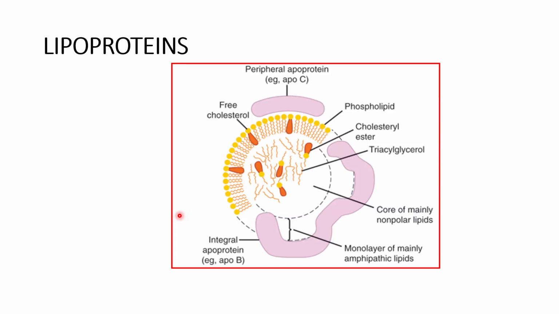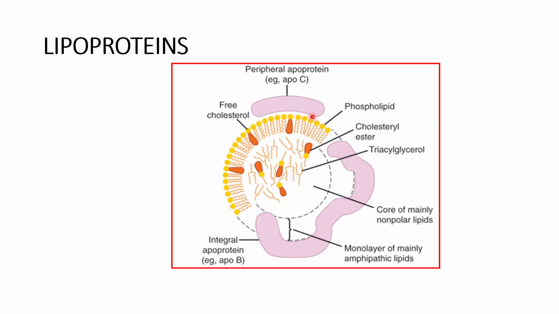If you see the structure of this lipoprotein, you will observe that the non-polar lipid consists mainly of cholesterol esters as well as triacylglycerols. This is surrounded by a single layer of amphipathic lipids.